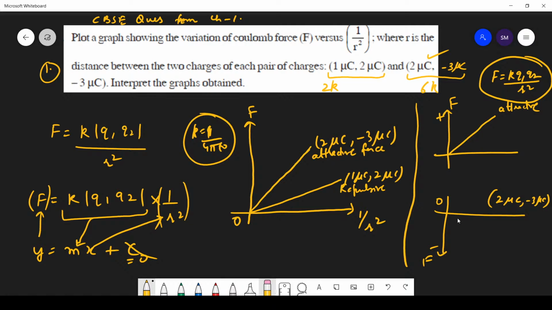So this is the graph for repulsive force, and this is the graph for attractive force. So either make this diagram or make these two diagrams. That's the same thing.